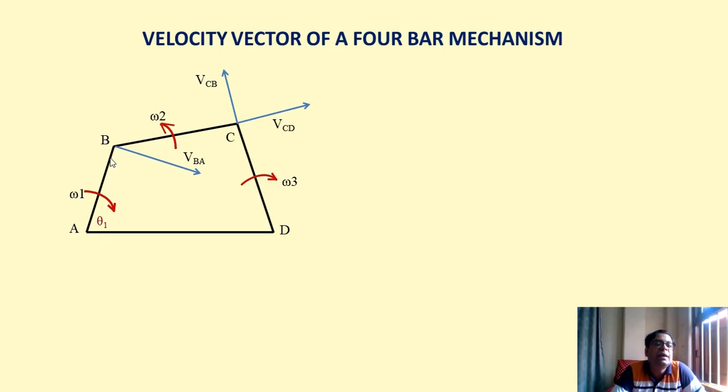That is, if the crank is rotating in the clockwise direction, the connecting rod must also rotate in the clockwise direction. I repeat, if the angle ABC is less than 90 degrees or greater than 180 degrees, then the tendency of rotation of the connecting rod, that is BC, will be exactly the same as that of the crank.